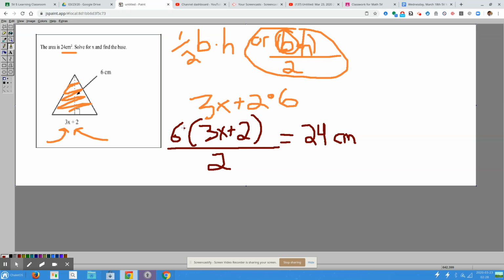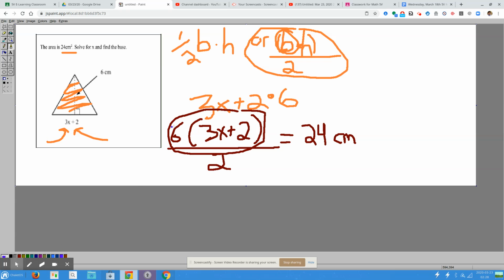I'm going to actually solve for this part first. And when I say this part, I'm referring to the multiplication in the equation.